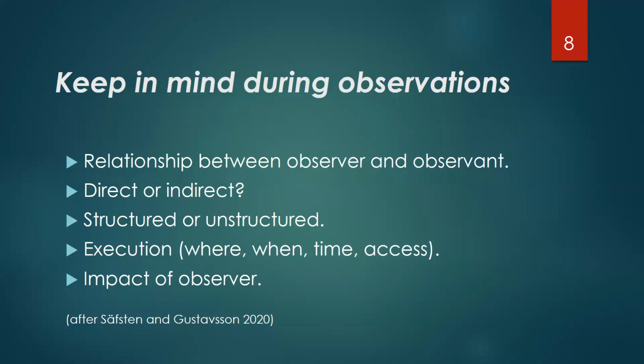That's called direct and indirect. Structure means whether they have some special structure to do this observation or not. Unstructured, they will go inside the organization to see what they can notice. But structured means that they have already decided which factors they are going to note and observe in the process.